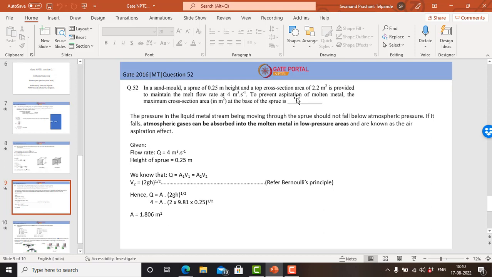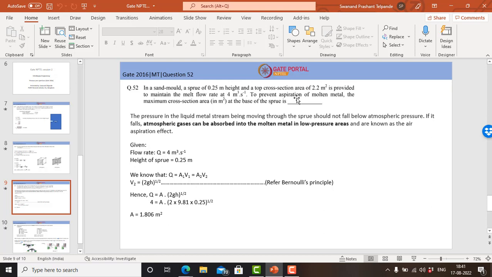So an exact cross sectional area of the base should be maintained. What the question is asking is that they have decided the top cross sectional area and the height of the sprue, and they want us to find the area of the bottom base of the sprue, so that no aspiration will take place.